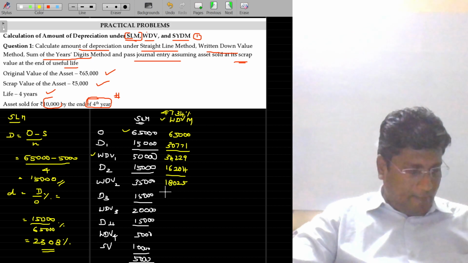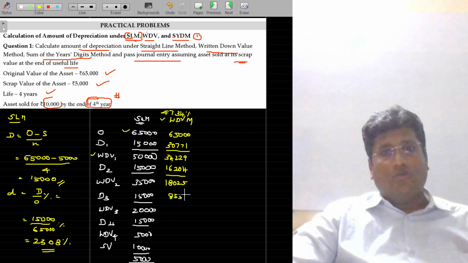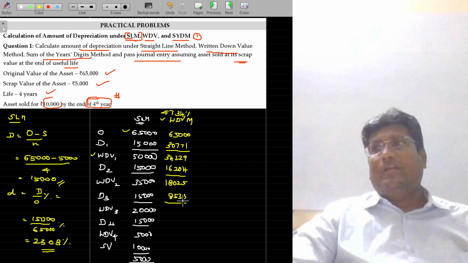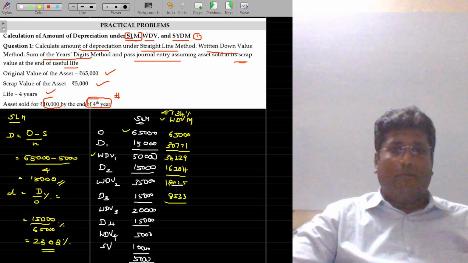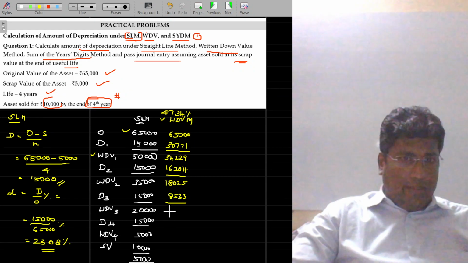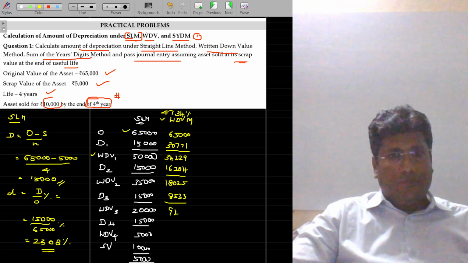Here the value being 8,533. Cross verify whether this answer is correct. If you are calculating that ahead, you can put that message in the chat box also. And the WDV after this being 9,492.